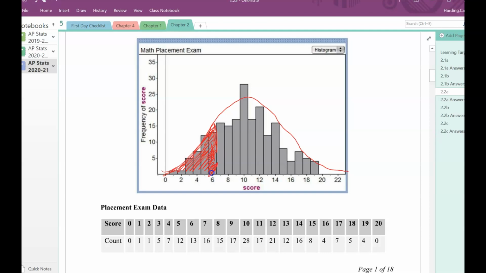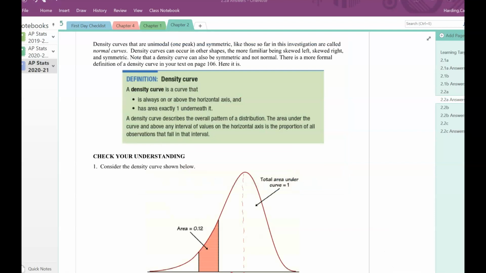And if you had to make an estimate here of what portion of the data this is, you would estimate probably around 25%. So you can see that 25% of the area of the density curve corresponds to 26% of the data that falls within that range.